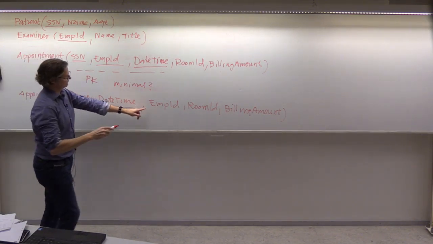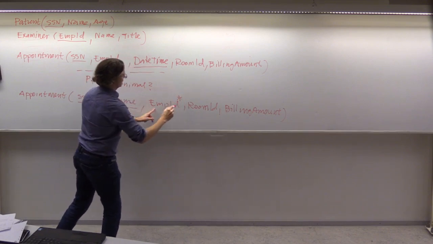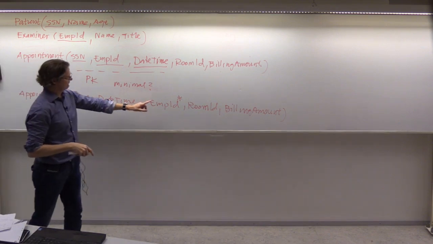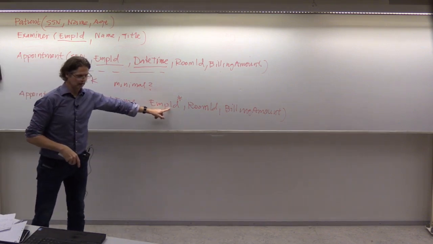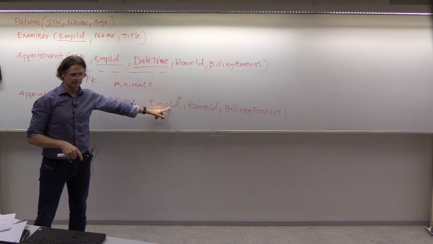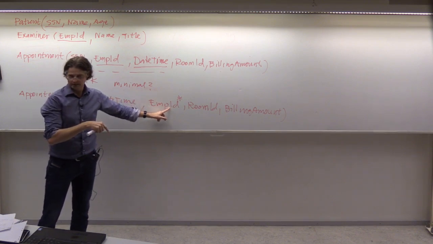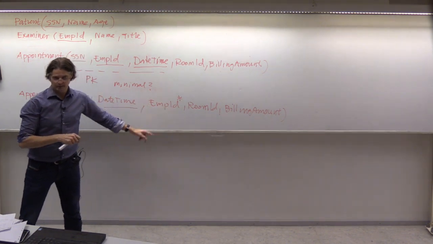And as a side note, that would turn it into a foreign key because I am pointing at an employee, the examiner, which means that if I'm turning that attribute into a foreign key, I cannot make an appointment without having an examiner, which might be a problem.